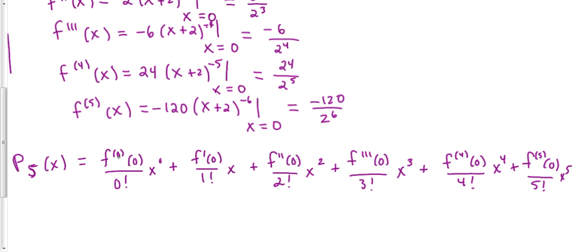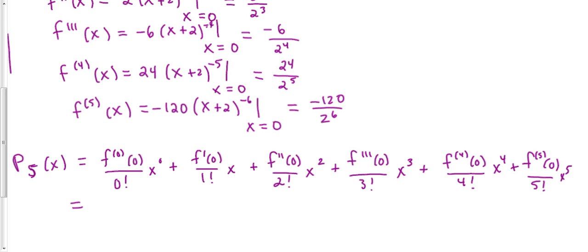So I've got f evaluated at 0 divided by 0 factorial times x to the 0 plus f prime evaluated at 0 over 1 factorial times x plus the second derivative evaluated at 0 divided by 2 factorial times x squared plus the third derivative evaluated at 0 divided by 3 factorial times x cubed plus the fourth derivative evaluated at 0 divided by 4 factorial times x to the 4th plus the fifth derivative evaluated at 0 divided by 5 factorial times x to the 5th. So let's substitute in all of the things that we have here.